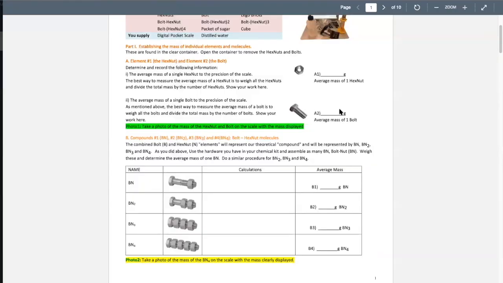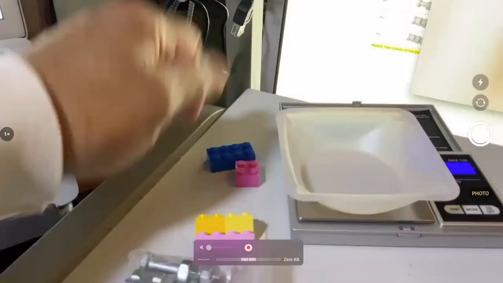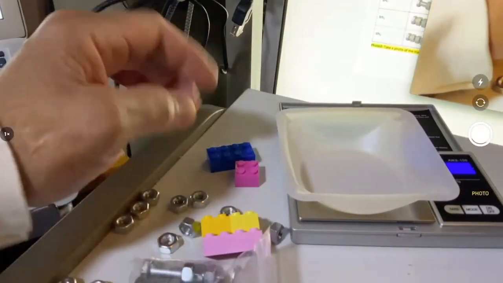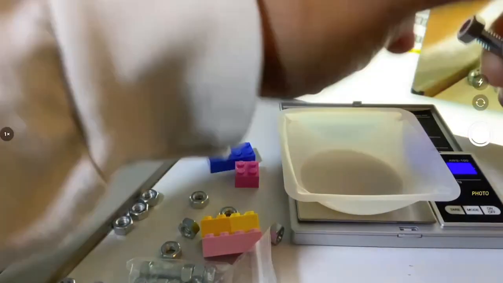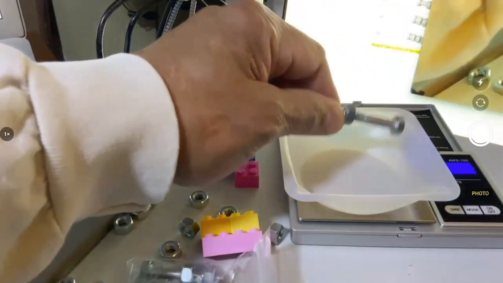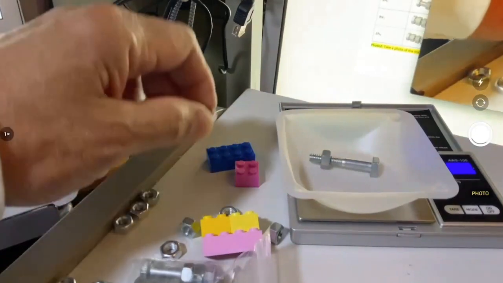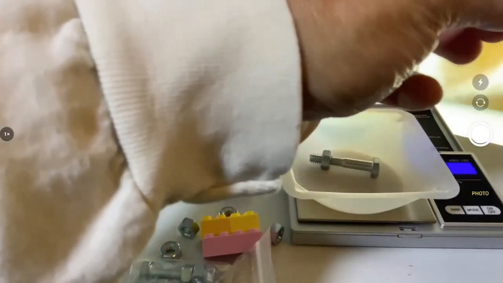Then what you need to do next is, if I have 4 bolts, then I can make, based on the hardware that I have, this is a BN1. Why? Because it's 1 bolt and 1 nut. That's 1. That's 2.